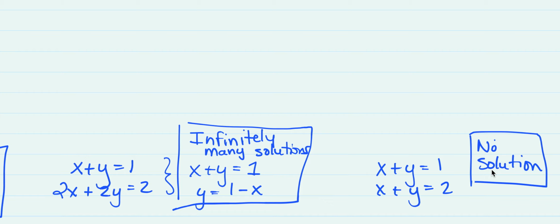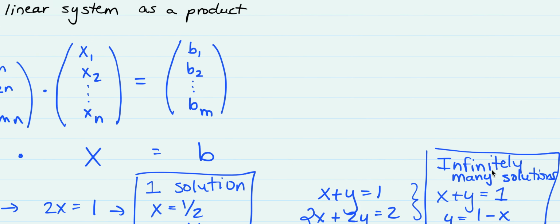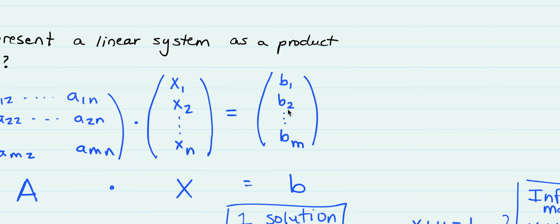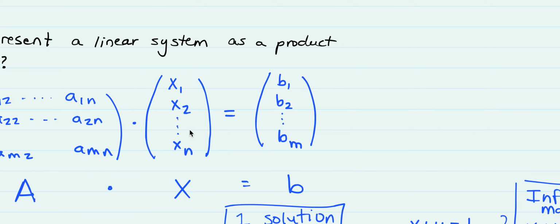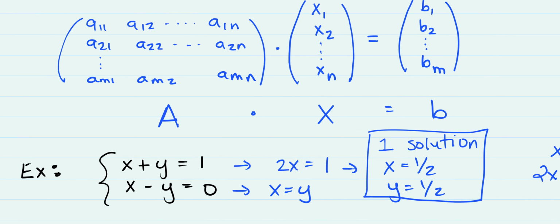When they overlap, all the points that they cross is exactly the whole line. And if they're parallel lines, they don't cross at all. And that's exactly what's going to happen when you have n unknowns and m equations. So maybe we should write that. Let me write it here. Erase all this.